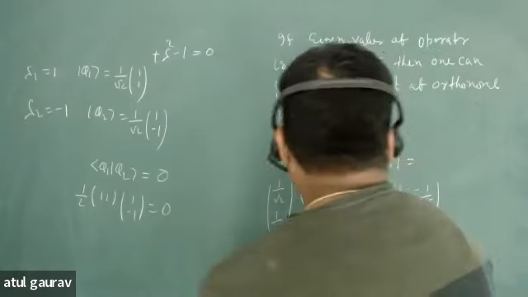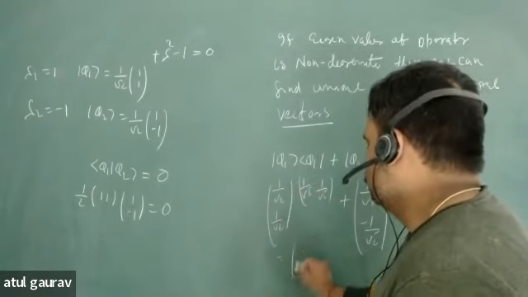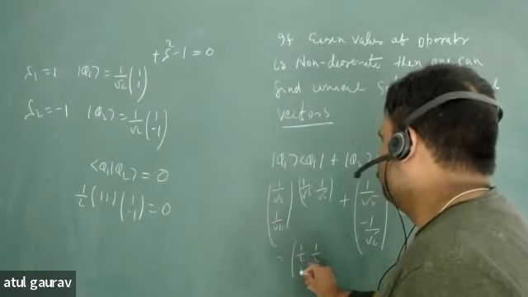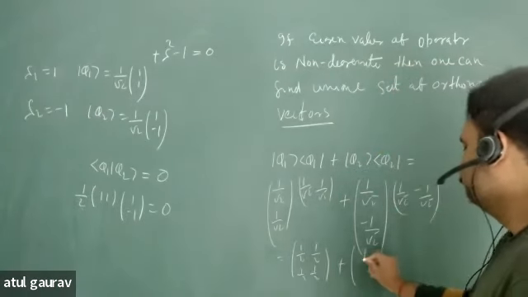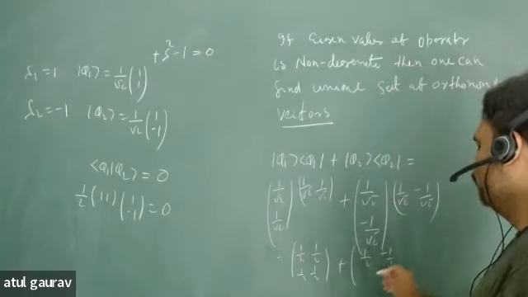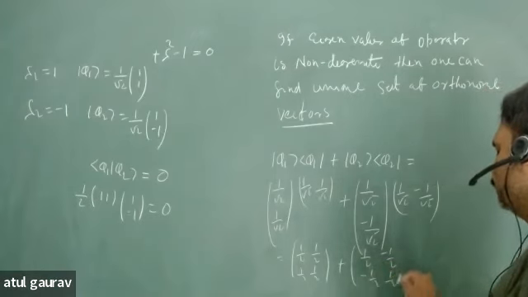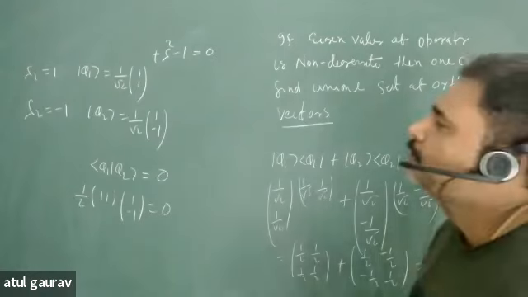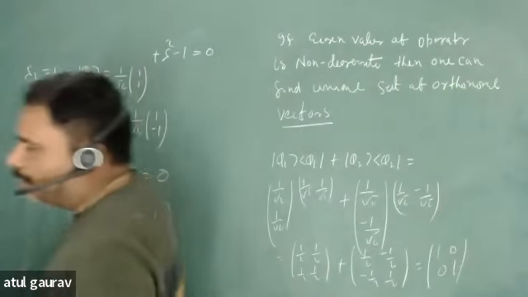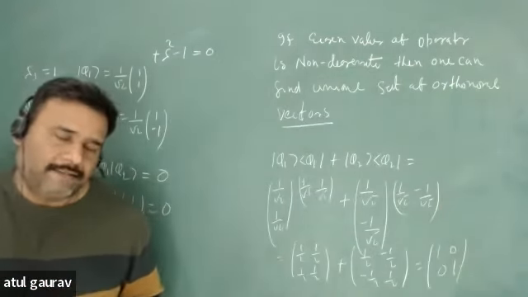What will you get? This is half, half, half, half. The second term is half, minus half, minus half, half, and you will get 1, 0, 0, 1. So yes, they can be treated as a complete basis.